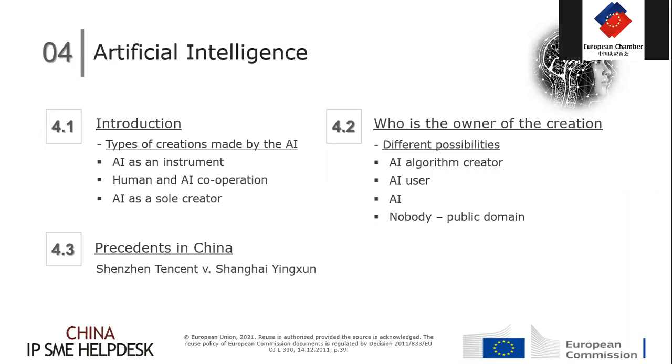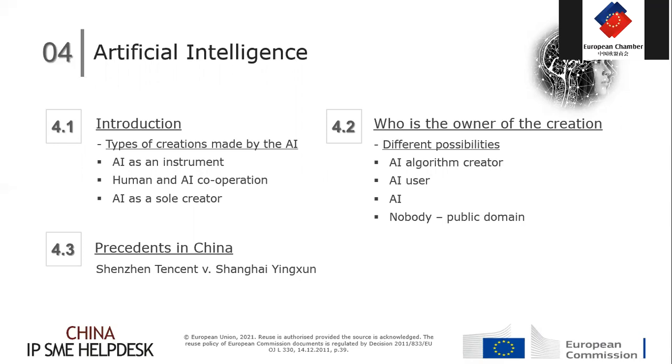The first one is when the artificial intelligence is used as an instrument by a human being. The second one is when the human and the artificial intelligence cooperate in the creation process. And finally, when the artificial intelligence is the sole and pure creator of the final outcome, which brings different possibilities. Who is going to be the copyright owner?